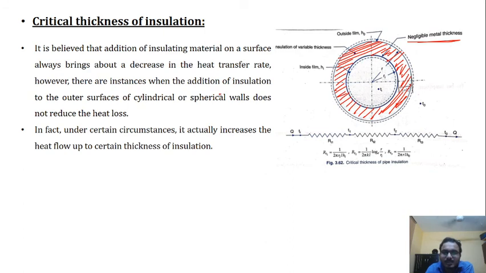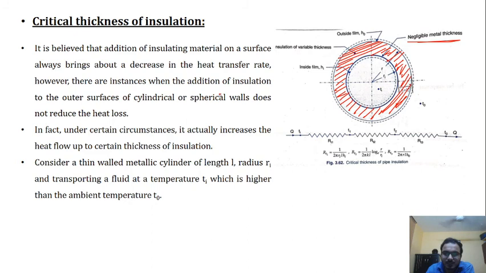In fact, under certain circumstances, it will actually increase the heat flow up to a certain thickness of insulation. So we are going to study the case in which insulation actually increases the heat transfer rate. Consider a thin walled metallic cylinder of length L, radius Ri, transporting a fluid at a temperature Ti, that is the inside temperature, which is greater than the ambient temperature T0.